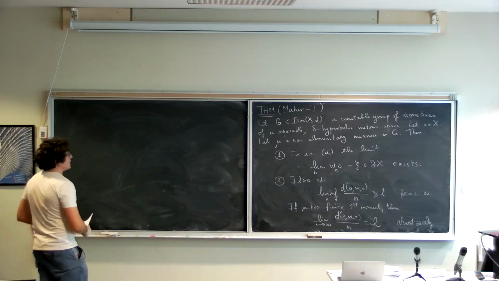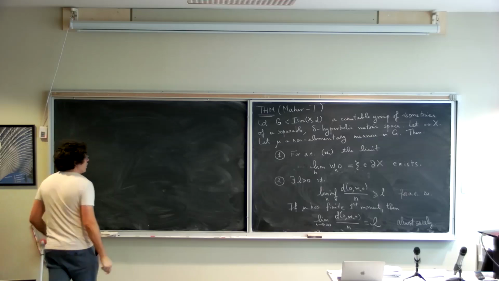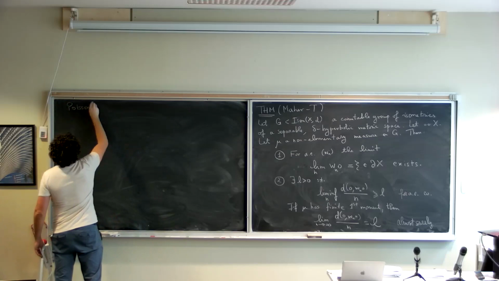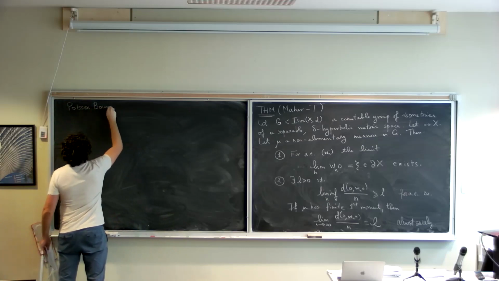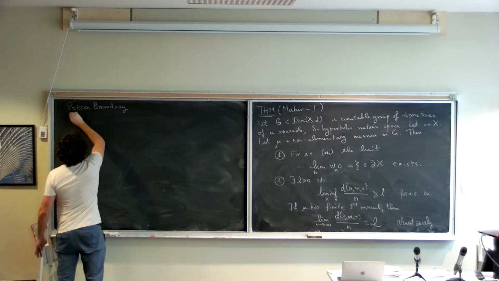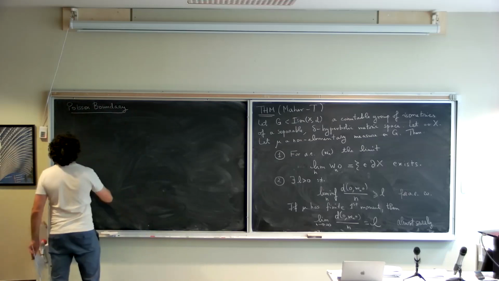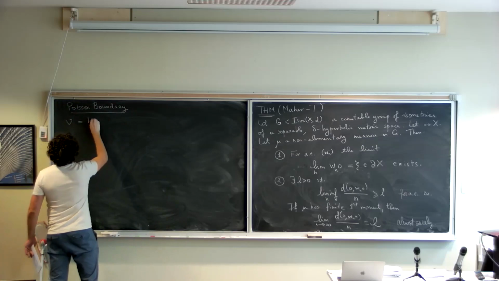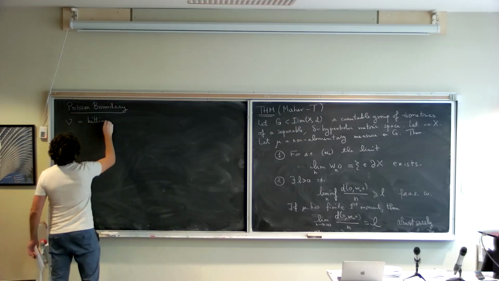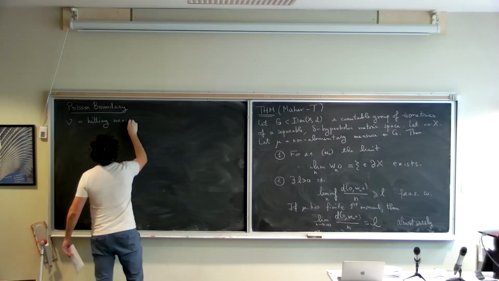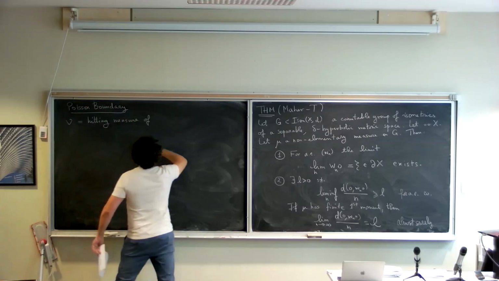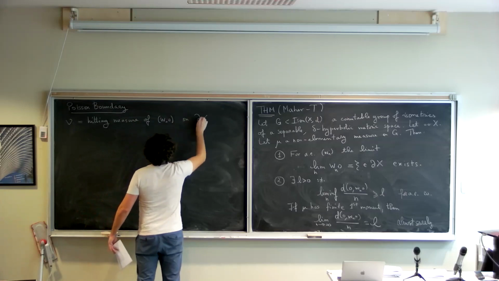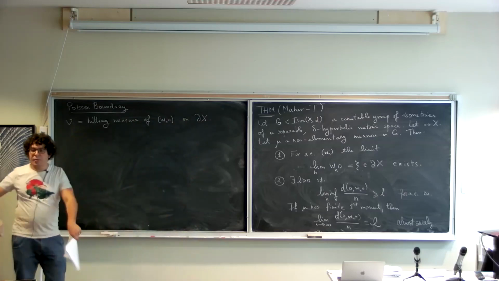So yeah, what about the Poisson boundary? For the Poisson boundary, of course, what you would like to have is that we have nu, which is the hitting measure of this random walk W on this Gromov boundary.